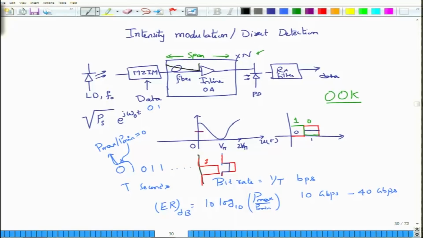Thereafter, of course, it will again decrease because of the fiber. Also please remember, the fiber is roughly 80 to 100 kilometers in one span, and the inline optical amplifier is just about 10 meters. So as far as this span is concerned, the inline amplifier is just one lumped element which has negligible spatial extent compared to the fiber.